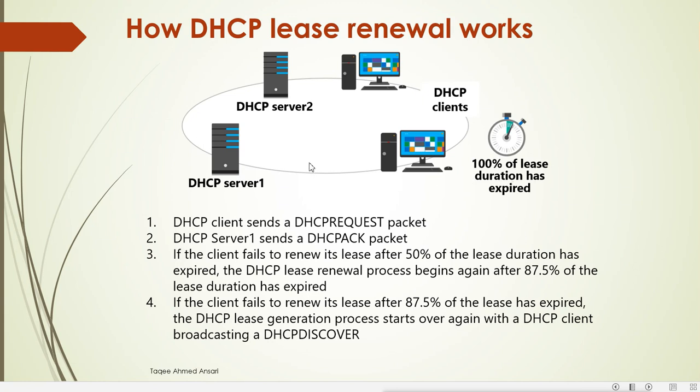If in this case the server is also not available, then the client will go back to an APIPA address. It will assign itself an APIPA address, and if the server is available, it will get a new IP address from the server.